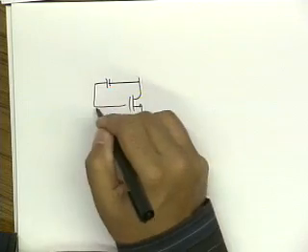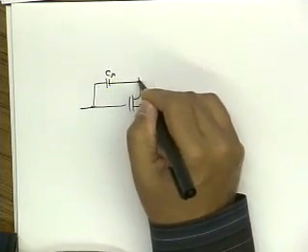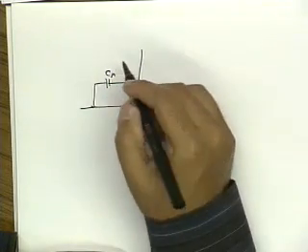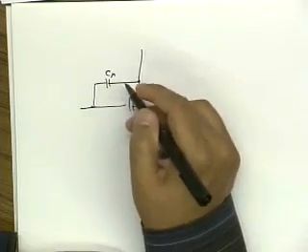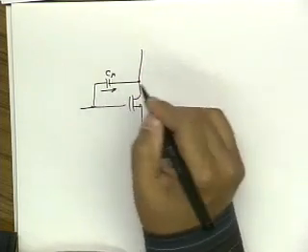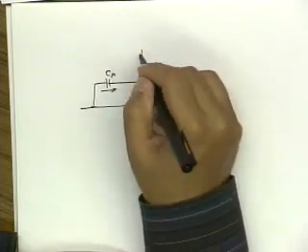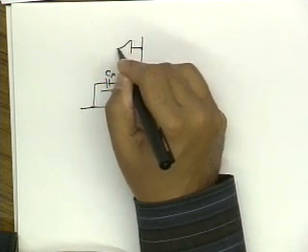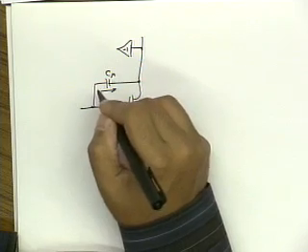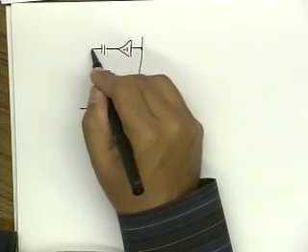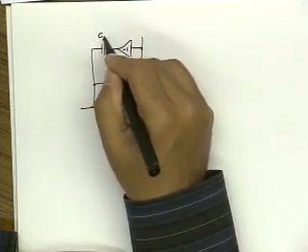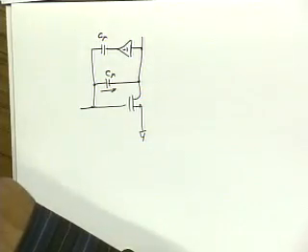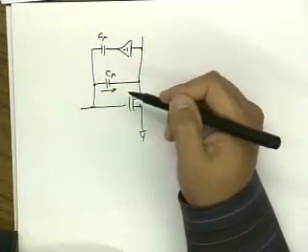So I have this C mu, and somehow I want to cancel out this current. So what if I could somehow take this voltage, multiply it by -1, and also feed it back, right? Well, if I could use a negative capacitor, that would do the trick, right?